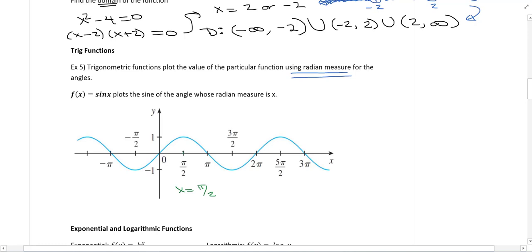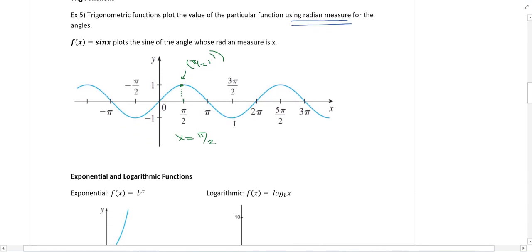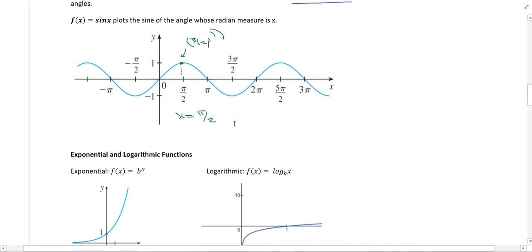And so what the function is doing is then plotting the value 1. So this is the point (pi over 2, 1). The angle in radian measure is pi over 2, the function value is 1. And you can think about that with cosine as well, and tangent. Tangent is the one that has the asymptotes.